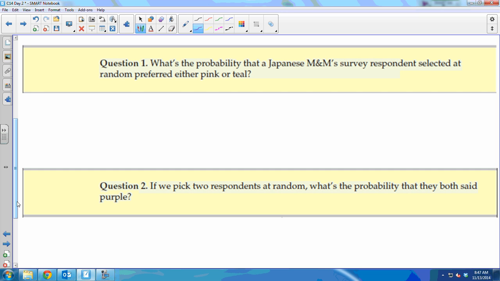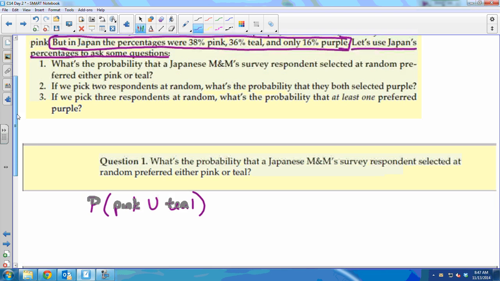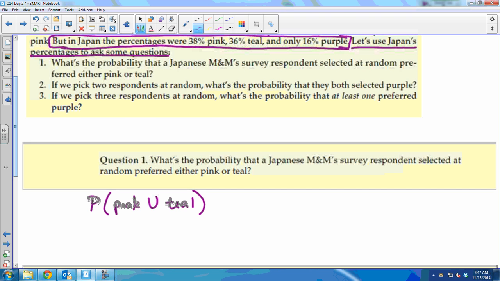So question 1, what's the probability that a Japanese M&M survey respondent selected at random preferred either pink or teal? So here we got the probability of pink or teal. So if we have or, what rule are we going to use? We're going to add. So what was the probability of pink? 38, so 0.38.